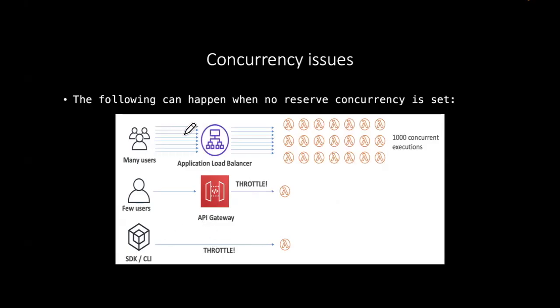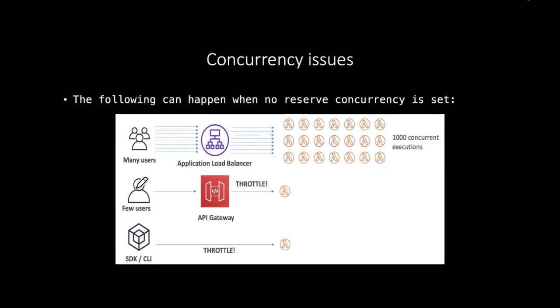But let's suppose at a particular point in time, there is a very high volume of user interaction with my application load balancer, such that it causes the Lambda service to create 1,000 concurrent micro VMs processing all of the events that are happening. And I haven't set any reserved concurrency on this one, so it's going to consume my AWS account's upper limit.